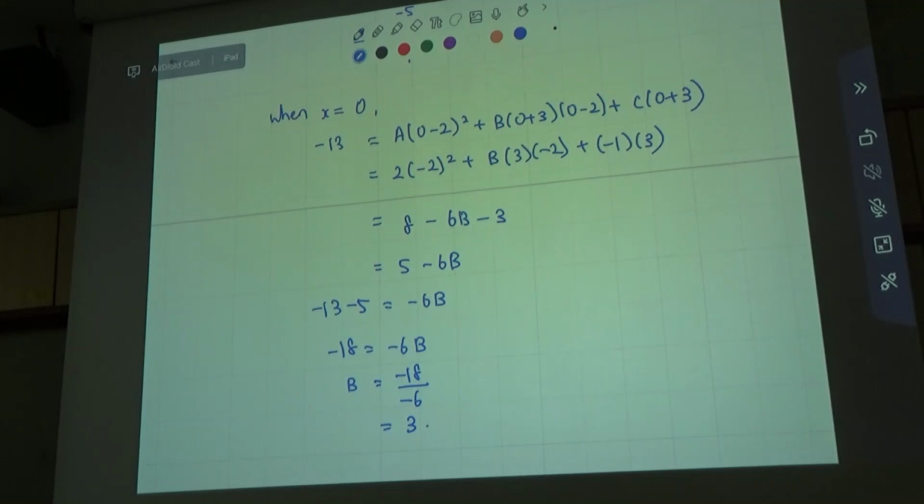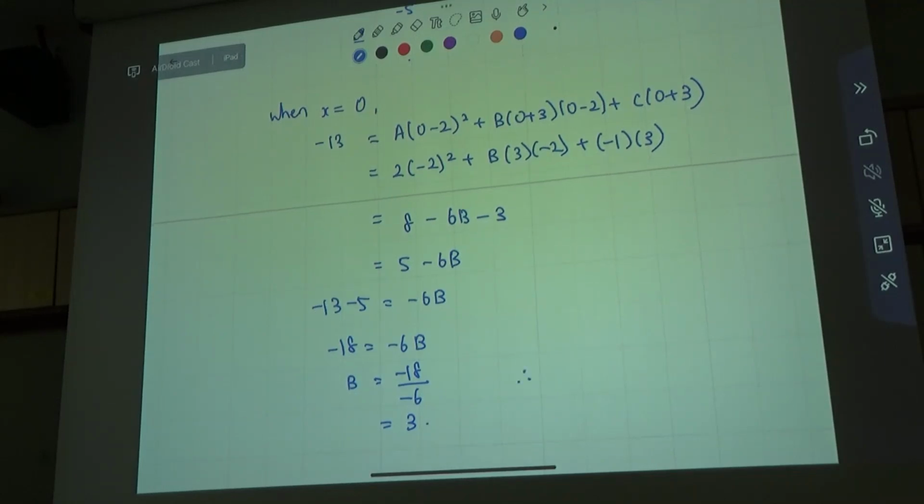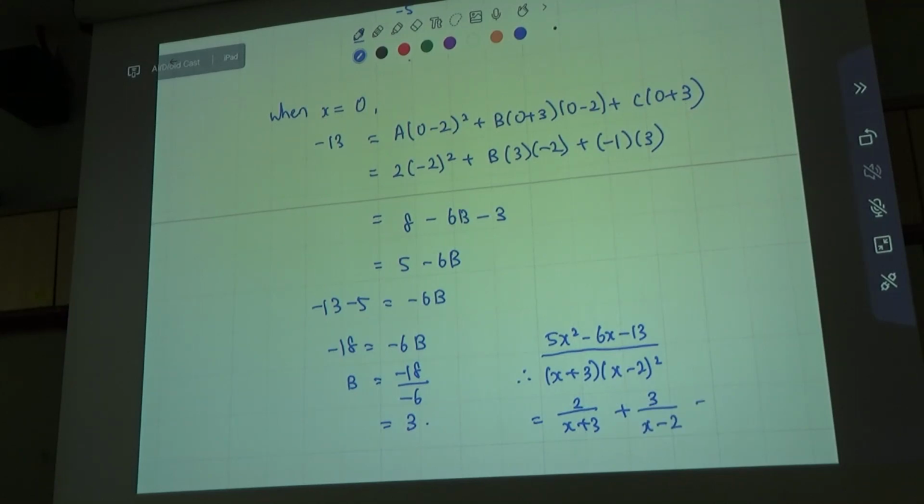Just for you to copy down, I will not scroll any further. I will be able to conclude that my answer will be A, which is 2, B, which is 3, and then C, I found it to be -1.